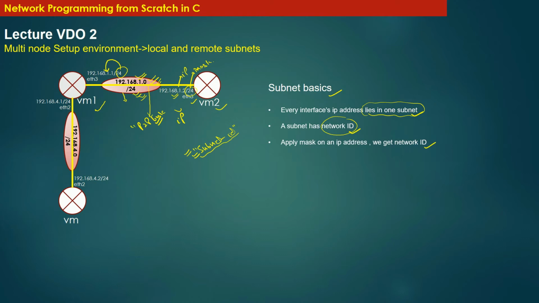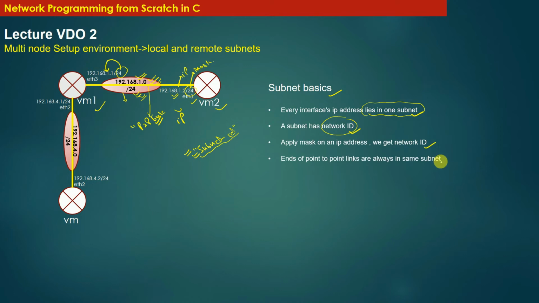For now I am just discussing it in brief so that you will be able to understand the routing table and ARP table, and how to configure the multi-node topology on a single machine.